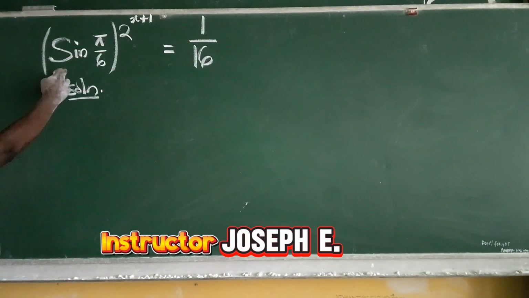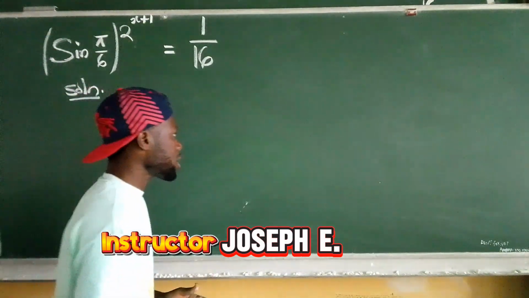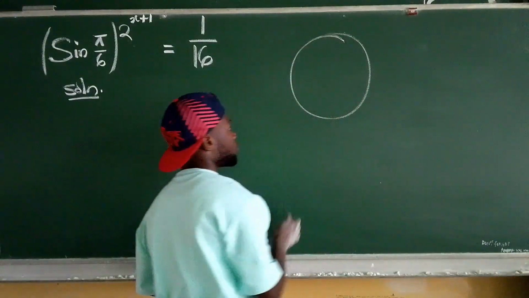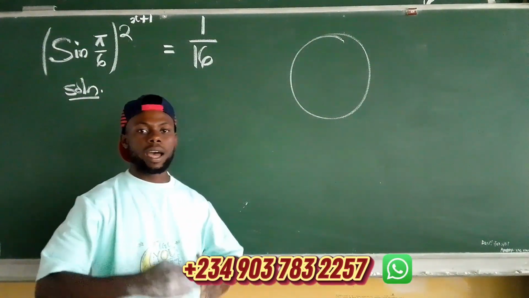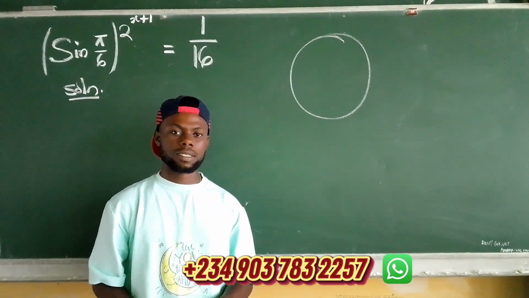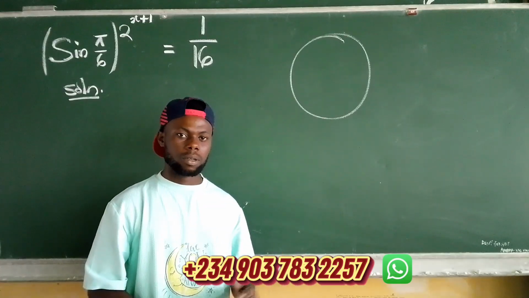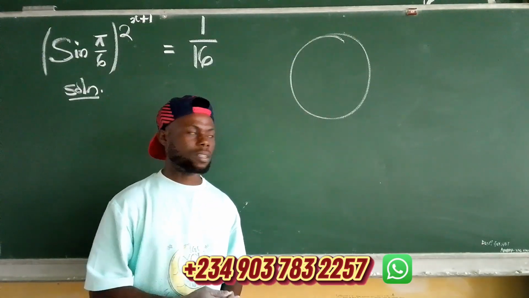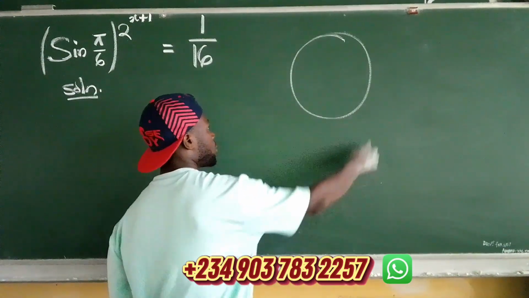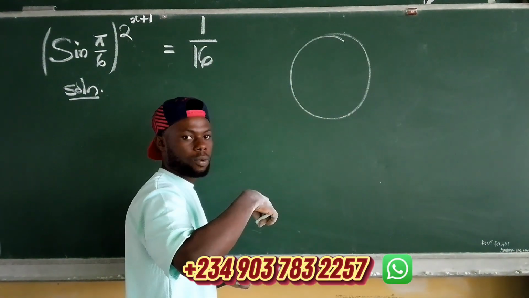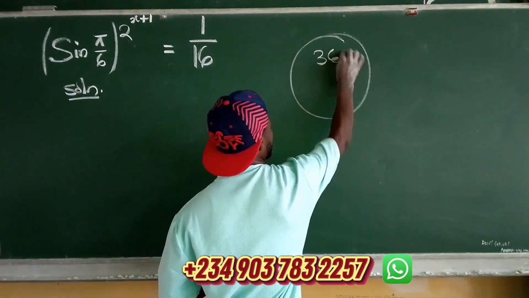Since π is known to be 180 degrees, because in a circle, π is considered as a measurement of an angle in radians or rads. Angles are basically measured in two ways, either in degrees or in radians. If you are considering a circle, one revolution gives you 360 degrees.